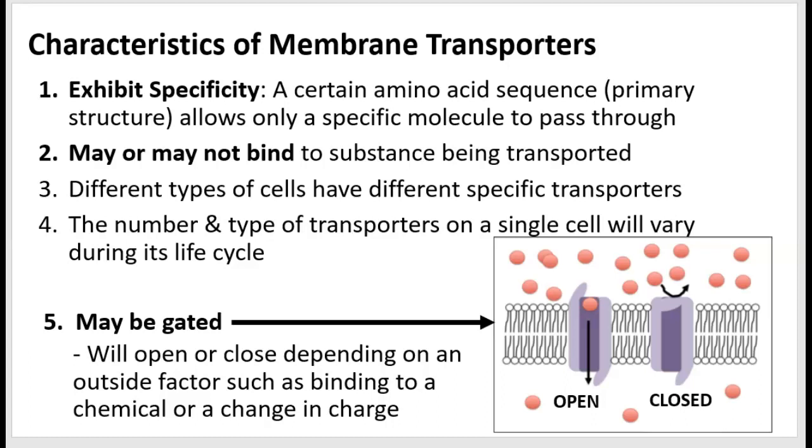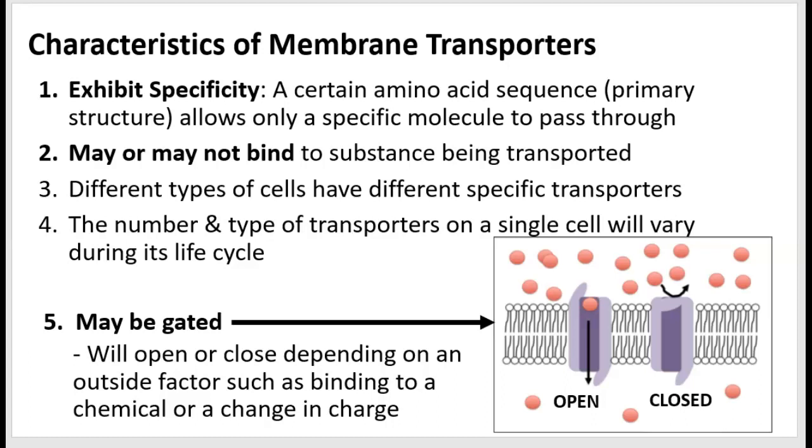Whatever it's called, it's a transmembrane protein, and it's specific for a certain molecule. We say that membrane transporters exhibit specificity, and it has to do with their amino acid sequence, their primary structure. Only a certain type of molecule will pass through.